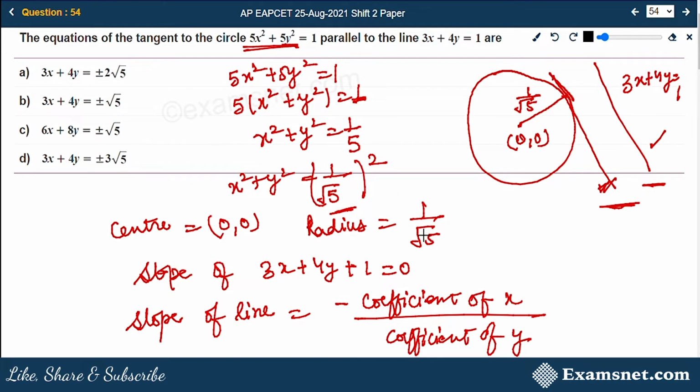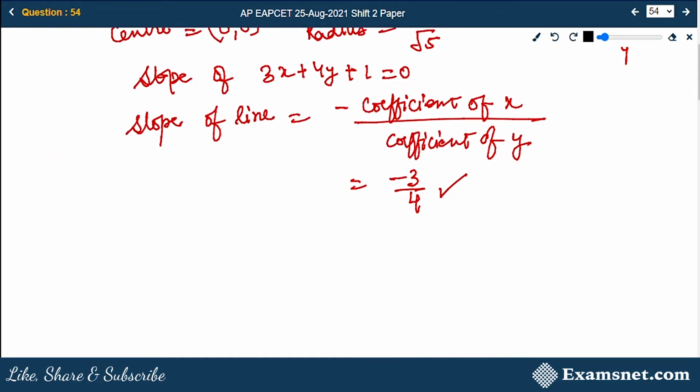We know the radius always makes a 90-degree angle with the tangent to the circle. So we know the slope of this line was minus 3 by 4. We know from (0, 0), the perpendicular distance from the origin to this line is 1 by under root 5.